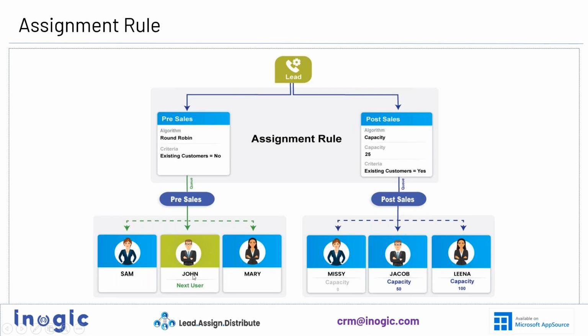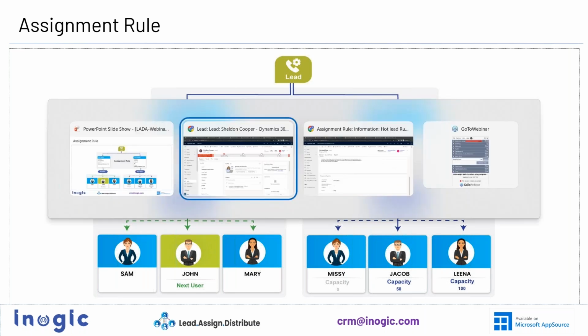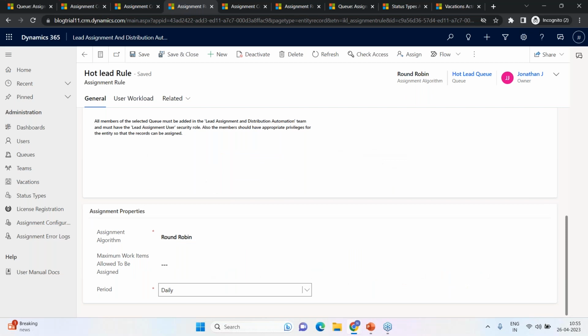And as and when Sam, John, and Mary are freeing up their resources, the new leads would be assigned to them. Let me switch back to my assignment rules. Now let's see, this is all about the round robin algorithm.